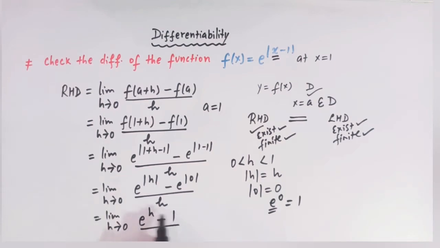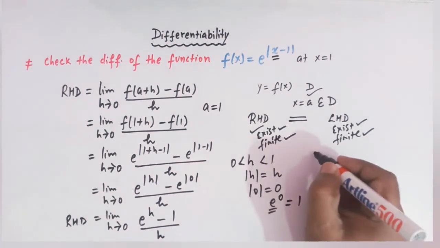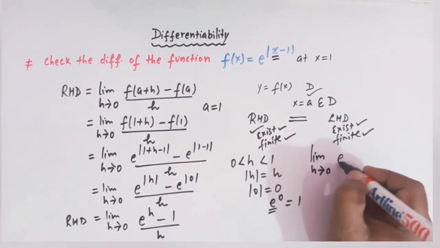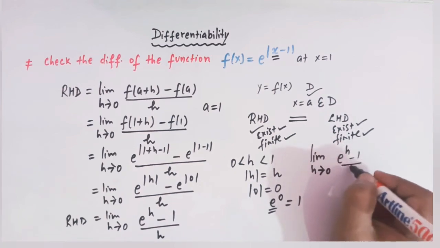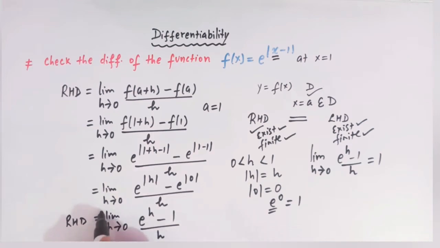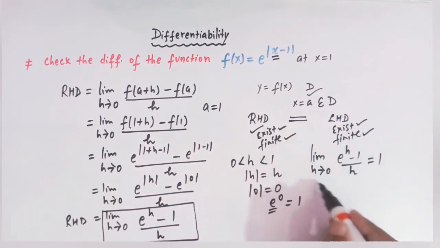And now we see that this limit is a famous limit, and it is a known result in limits. We know that limit h tends to 0 of (e raised to h minus 1) over h is equal to 1, right? So here we are directly using the result for this limit.